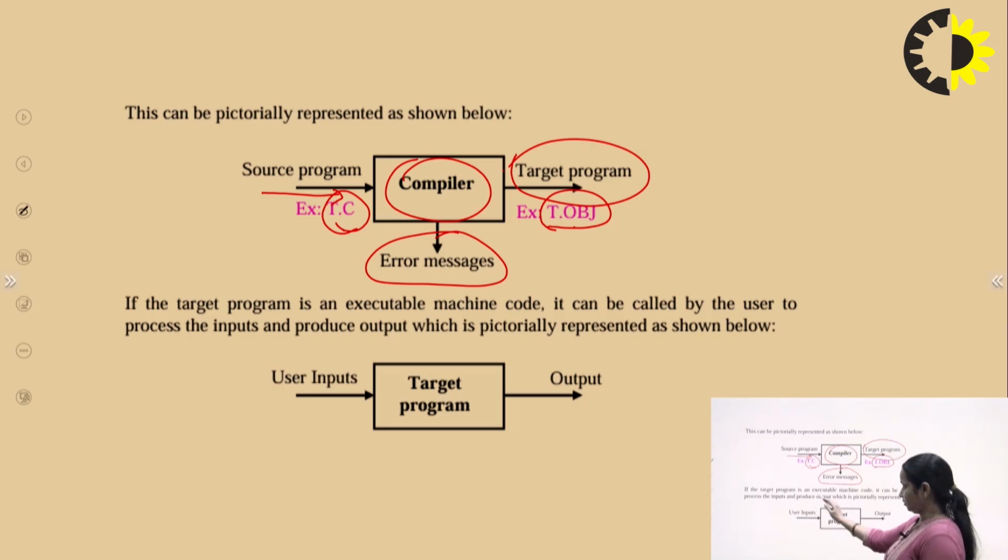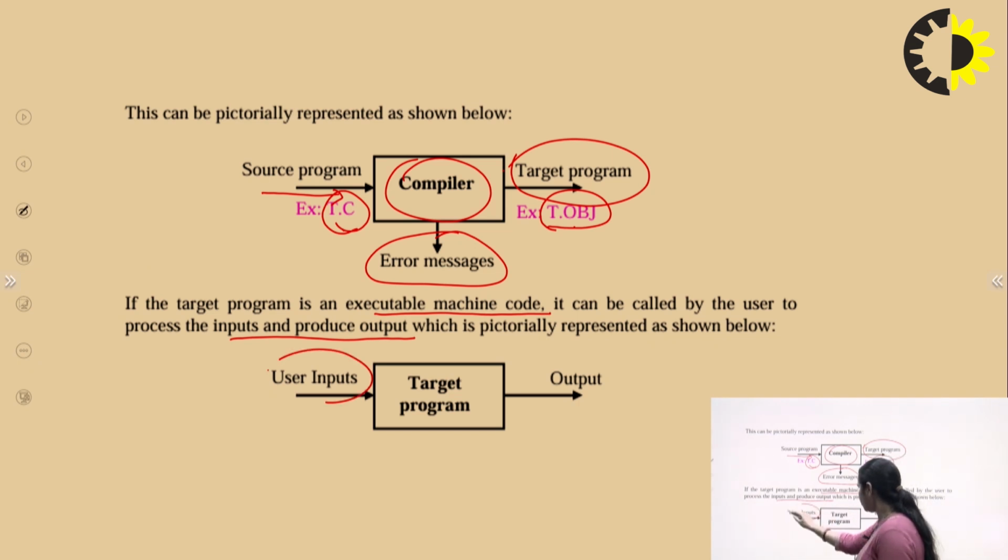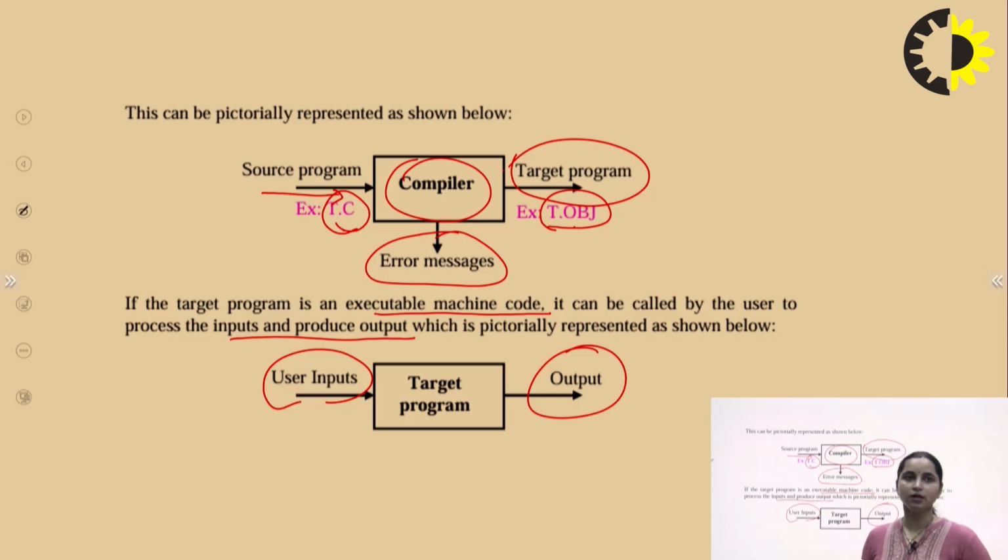If the target program is executable machine code, it can be called by the user to process the inputs and produce output. So the target program is giving the outputs. This is how we represent how the compiler is working.